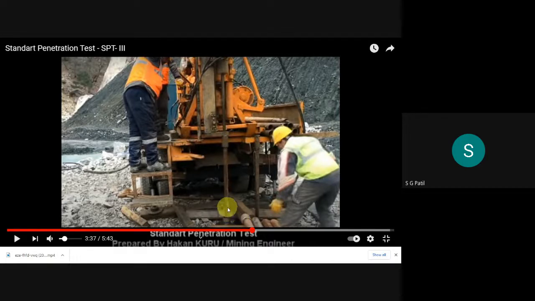For the first 15 centimeter penetration, he will count how many blows are required, then for the second 15 centimeter penetration, how many blows are required, and for the third 15 centimeter penetration, again he will count the number of blows. Then he will add up all the blows except for the first 15 centimeter penetration. Okay, we will continue with this video.